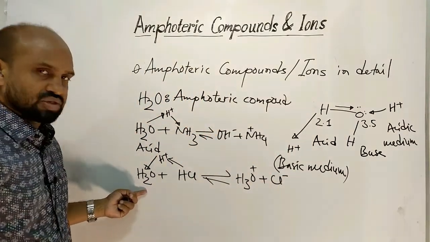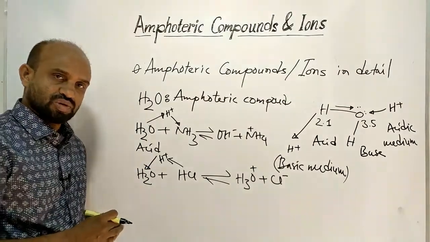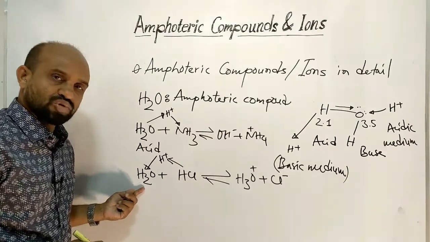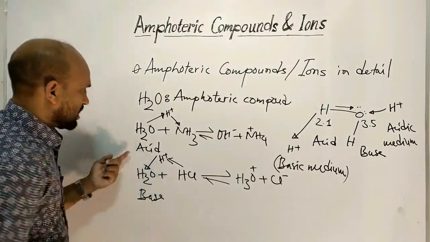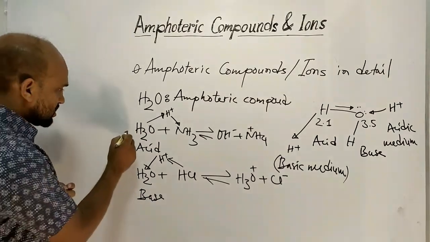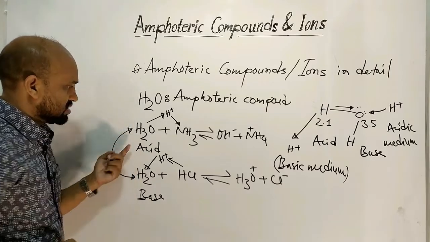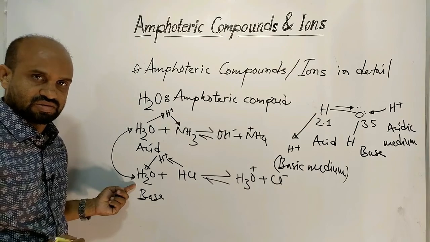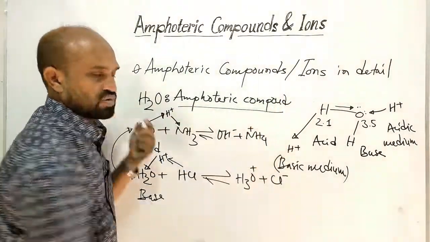In this reaction, we see water accepts a proton. According to the Bronsted-Lowry concept, proton acceptors are bases and proton donors are acids. So water is a compound that can act as acid and base in different reactions. So water is a kind of amphoteric compound.